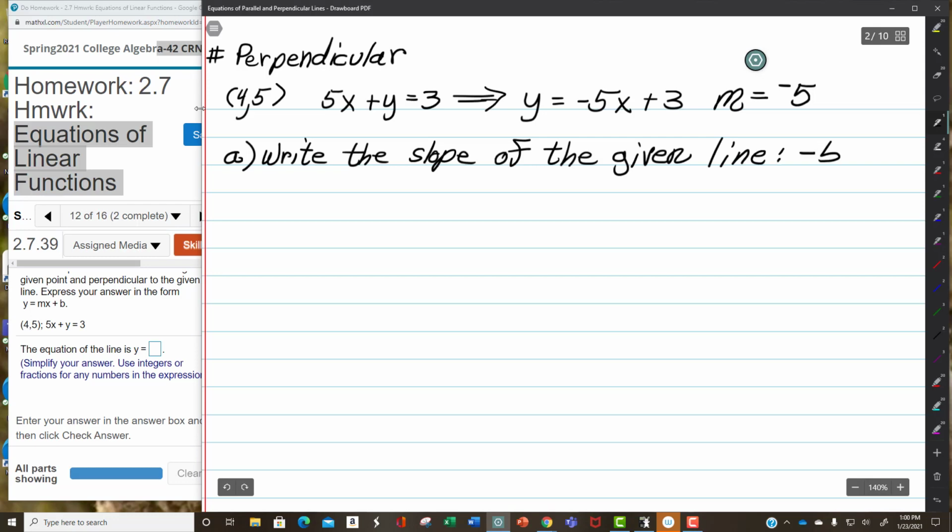Negative 5. B, write the slope as a fraction if it's not written as a fraction already.